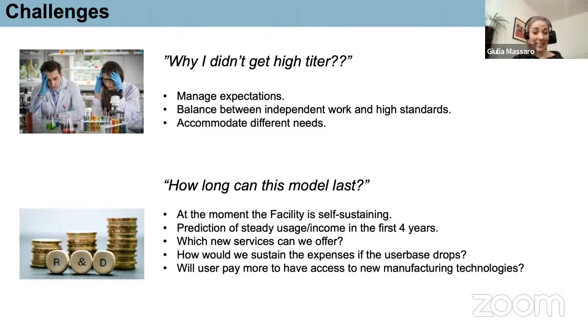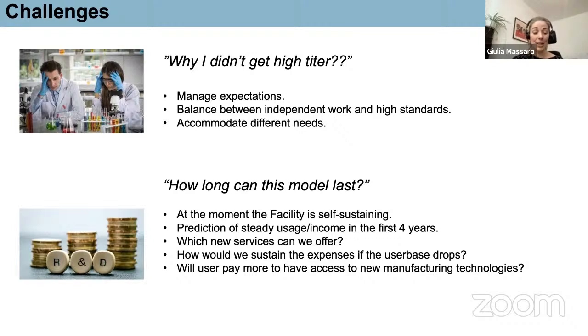And in terms of the facility itself, the big question is, of course, how long can this model last? As I said, at the moment the facility is doing very well, it's self-sustaining. We had a nice pot of money that we're investing in buying new equipment. But how long is this going to last?